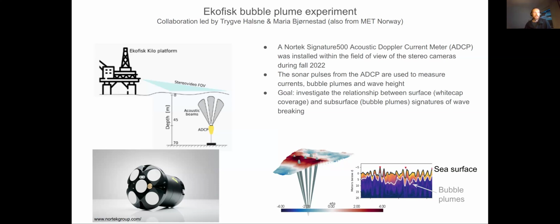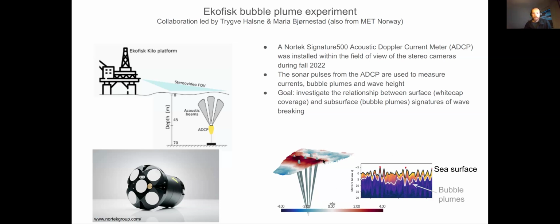And you can see an example on the bottom right, where we've set a threshold on the backscatter intensity to identify the depth that the bubble plumes reach below the surface. That's kind of shown in gray here in the image on the lower right.